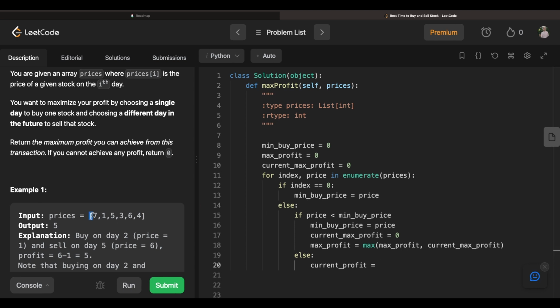So we set it to 7, then we come in the next time into our else. The price is less than the min buy price, so we reset everything. And then we go back up, we iterate to the next one. So now we're on 5. Index is not 0, so we fall down here. Price is not less than the buy price, so now we're down here.